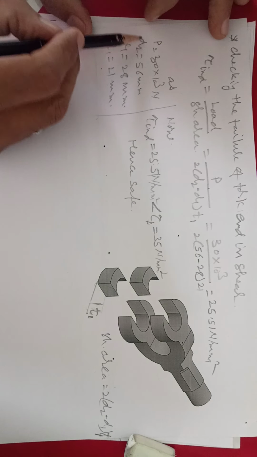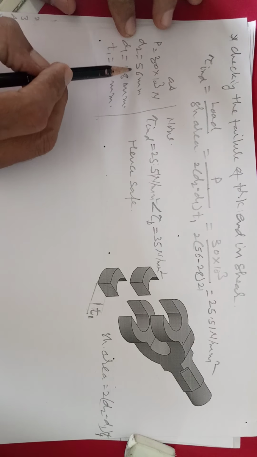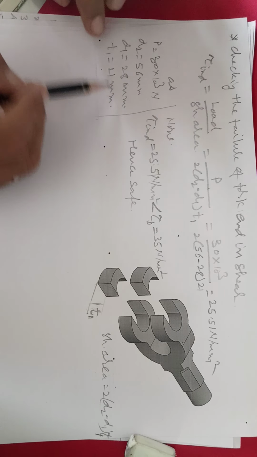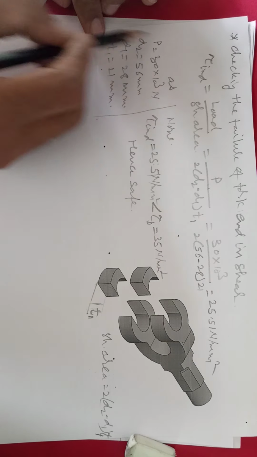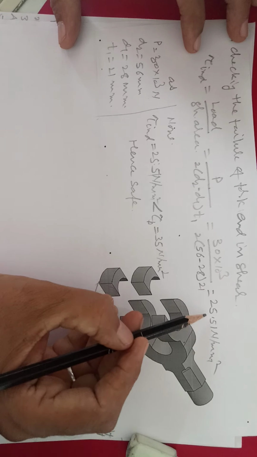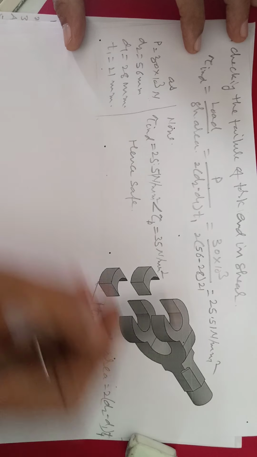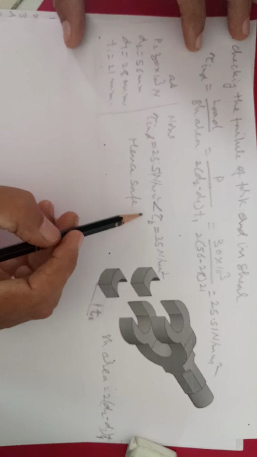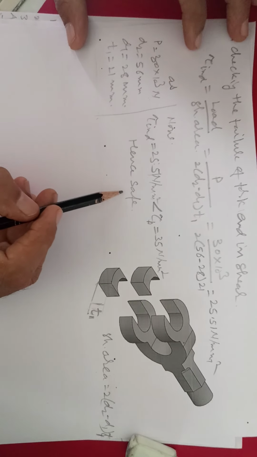As the load is 30 into 10 raised to 3 newton, d2 is 56 millimeter, d1 is 28 millimeter and t1 is 21 millimeter, calculated empirically, tau induced comes out to be 25.51 newton per mm square. We observe that tau induced is less than tau permissible, that is 35 newton per mm square. Hence safe.